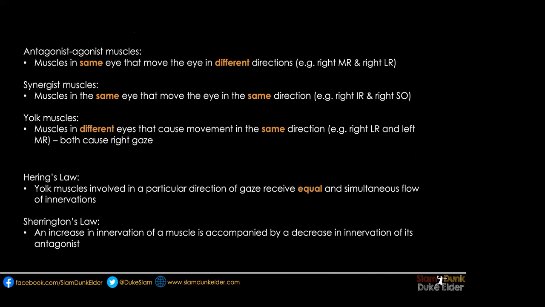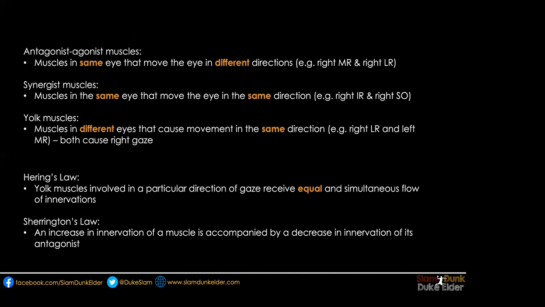Synergist muscles are in the same eye but help move the eye in the same direction, for example your right inferior rectus and your right superior oblique. This is why you need to know the secondary functions, so that you can know which muscles are synergists. And yoke muscles are in different eyes and cause movement in the same direction.